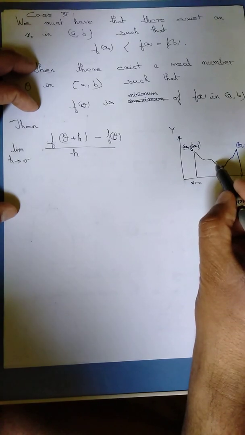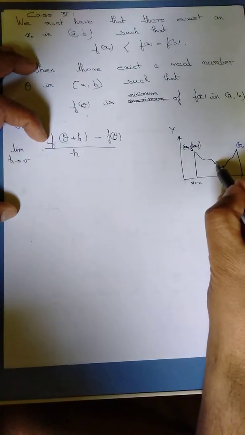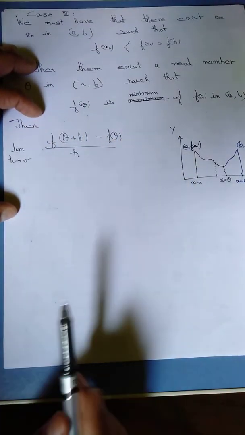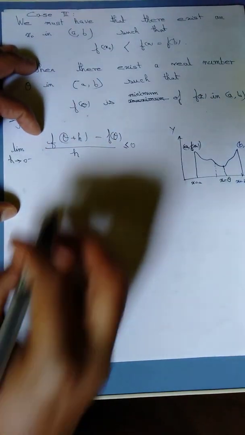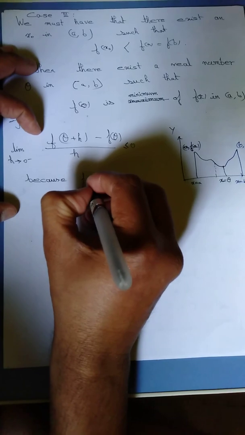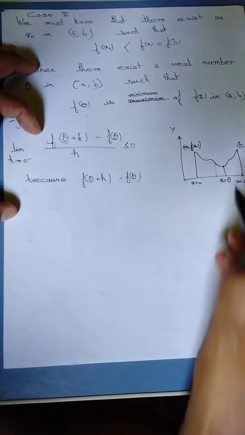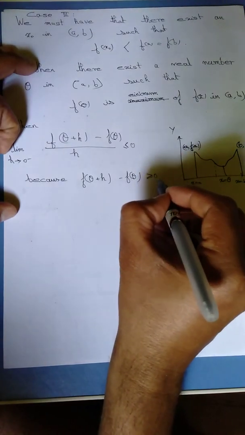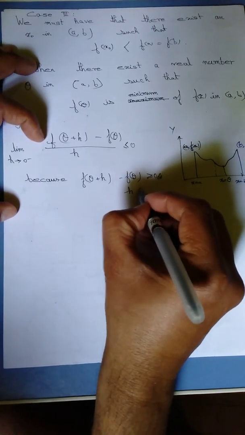Theta plus h, slightly it is negative, so somewhere here is of greater height. f(theta + h) is of greater height than f(theta), so the difference is positive, h is negative, so f(theta + h) minus f(theta) is greater than or equal to 0, and h is less than or equal to 0.